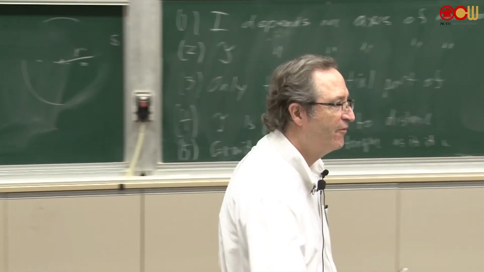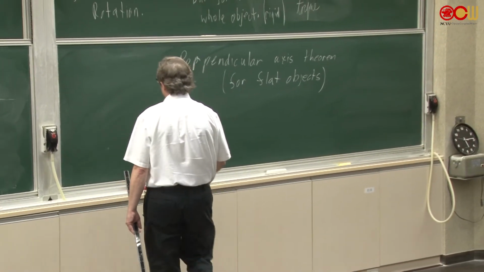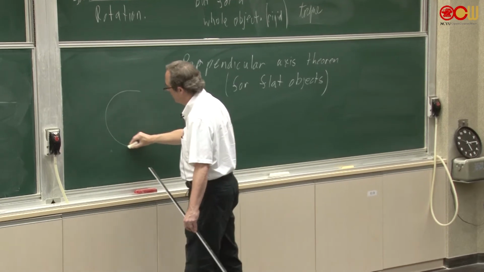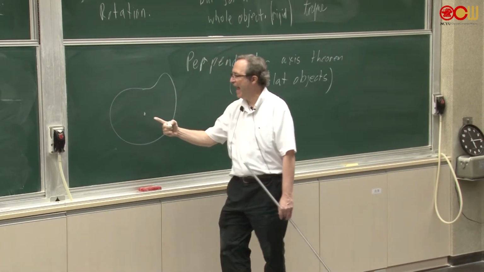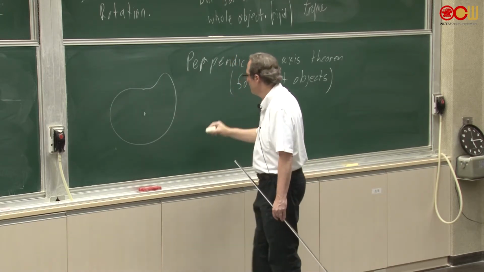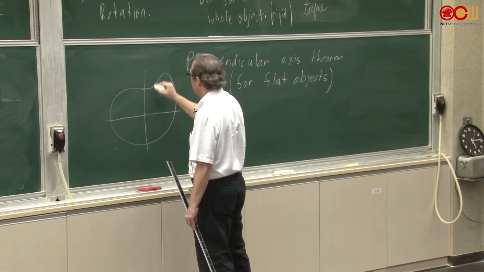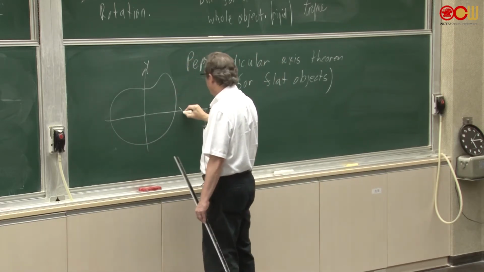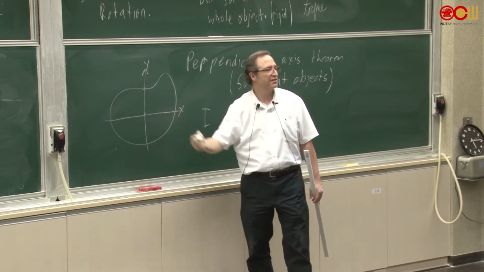It works perfect for that. All right? So let's say here's our disk, and I have an axis coming through here. All right? So we'll call this y, x. All right? So we have three possible axes of rotation.